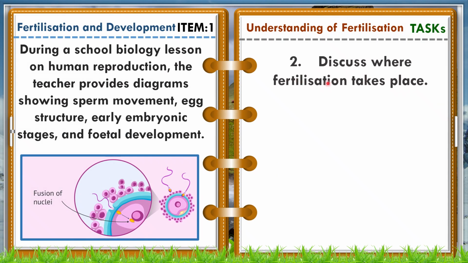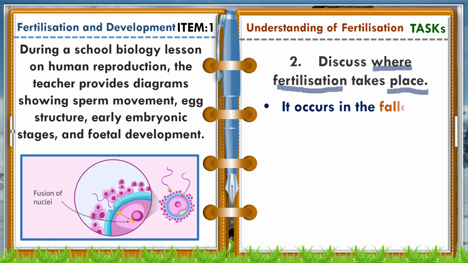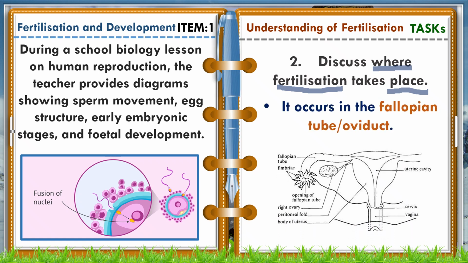Discuss where fertilization takes place. So we want to find out where does fertilization take place. Fertilization occurs in the fallopian tube, or what we call the oviduct. So fertilization is going to take place in the fallopian tube, this area here.